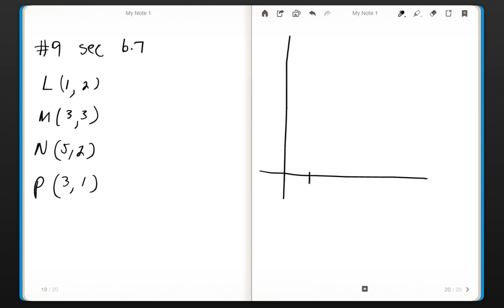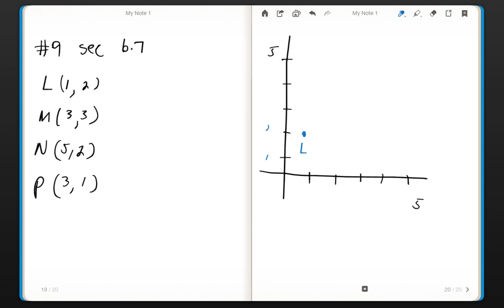So I'll just do this: 1, 2, 3, 4, 5, and 1, 2, 3, 4, 5. I'll plot the first point, and that's going to be L, at 1, 2. Right? 1, 2 there.